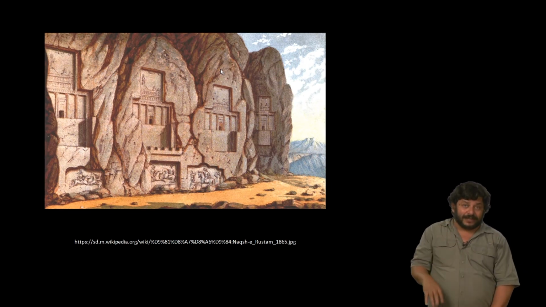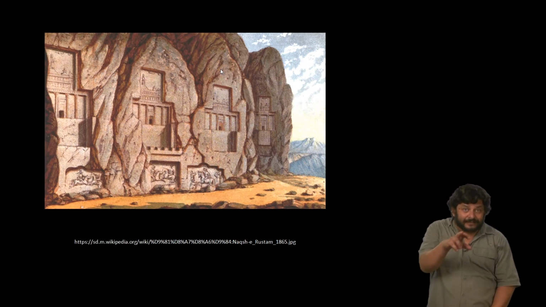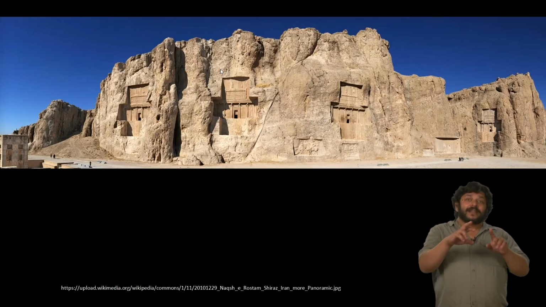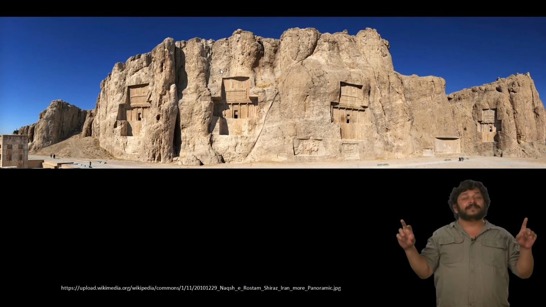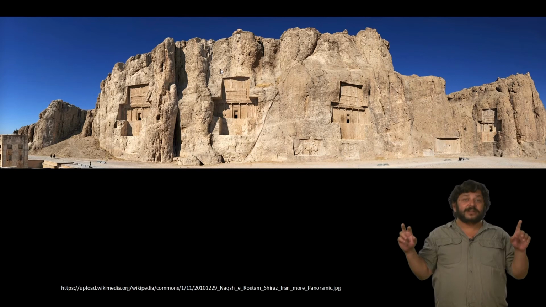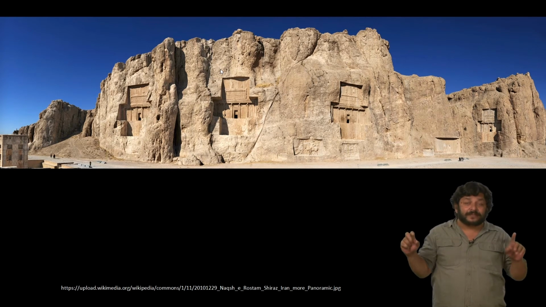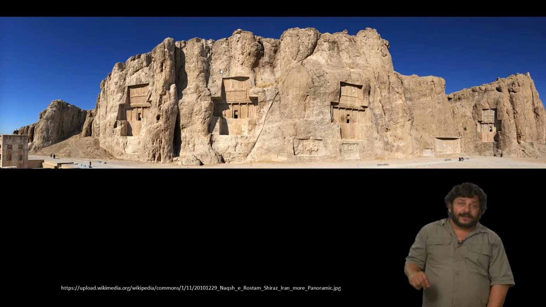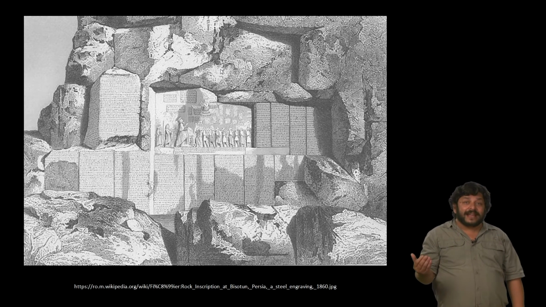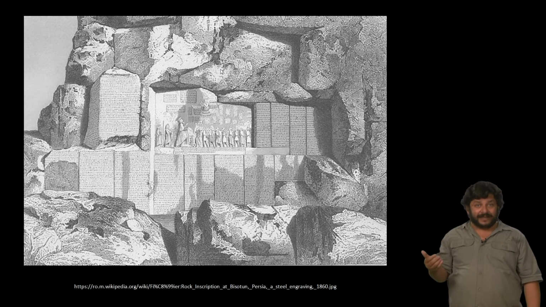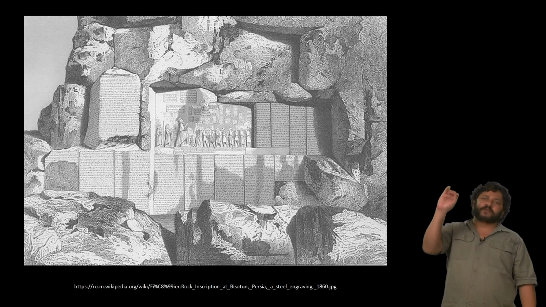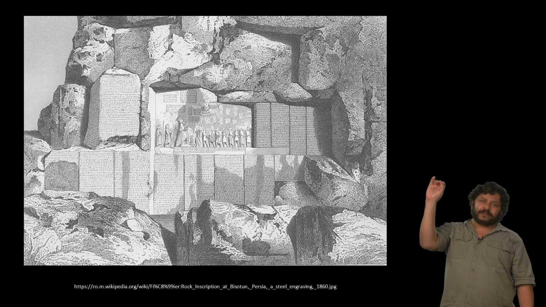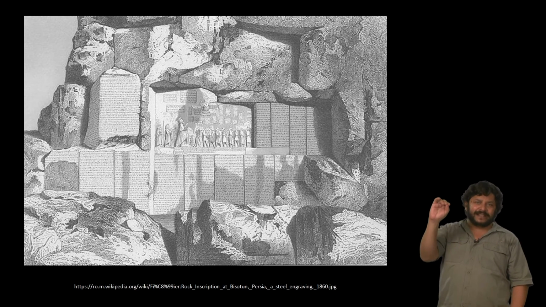Just behind Persepolis is this site, which is a set of rock cut funerary monuments to the Achaemenid emperors. The third thing we have from the Achaemenids, which will make its way into India, is monumental writing, royal edicts put up on stone in prominent places where travelers would see them.